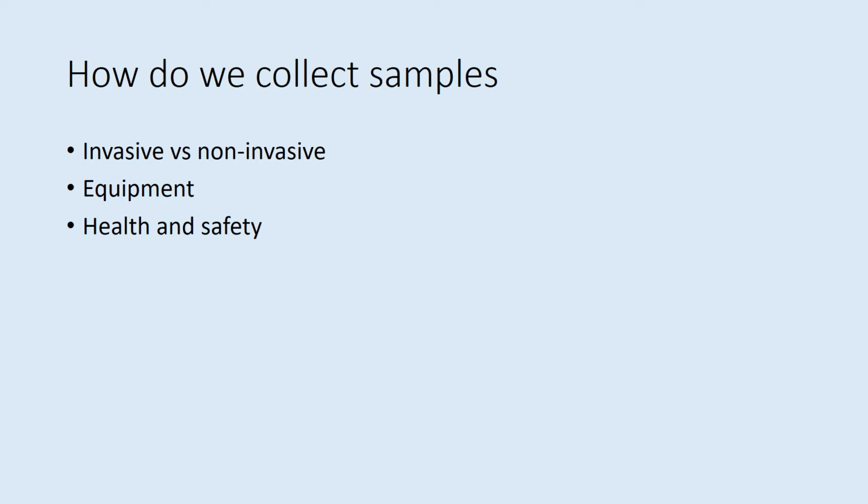So as veterinary nurses we need to make sure that we are handling the equipment appropriately, in a safe way, and that, where appropriate, we are wearing personal protective equipment in order to avoid any unnecessary risks.